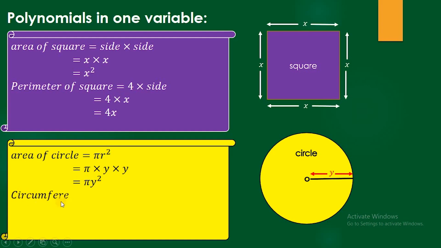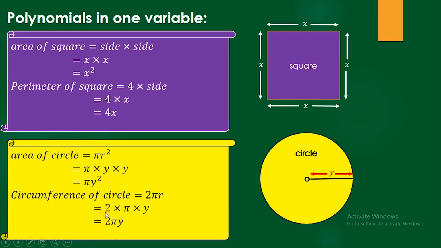Similarly, we can write the circumference of the circle. The circumference of the circle is 2 pi r, and here the radius of the given circle is y. So 2 pi y, where 2 and pi are numbers and y is the variable, and this variable is raised to the power of 1, and 1 is a whole number.